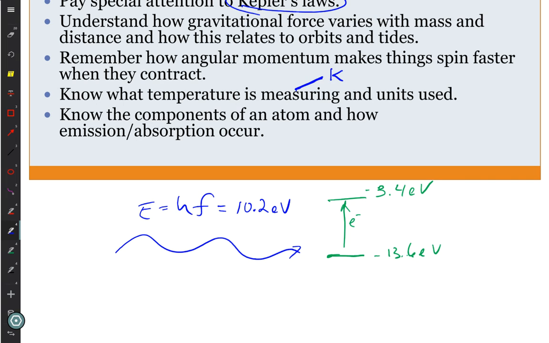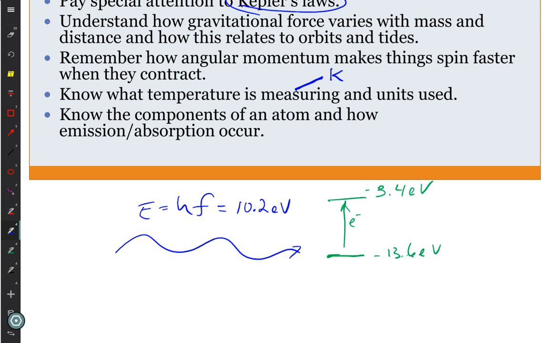The electron goes to a higher energy state and the light disappears. If the energy of that photon was 10.1 electron volts instead of 10.2, no dice, it just goes through. So it's because of the distinct, unique energy levels of the electrons that we have absorption of light.